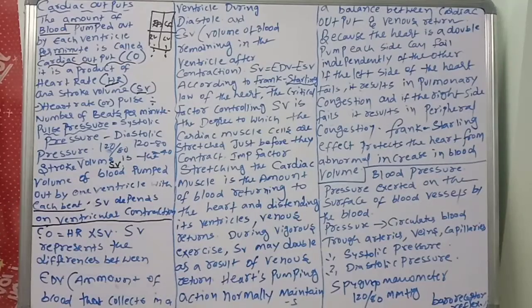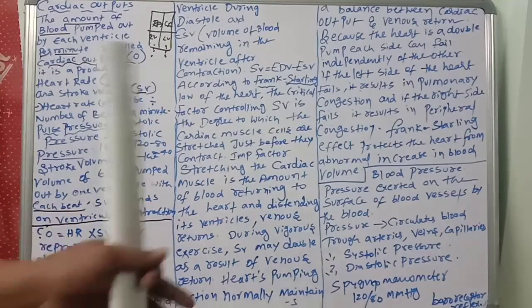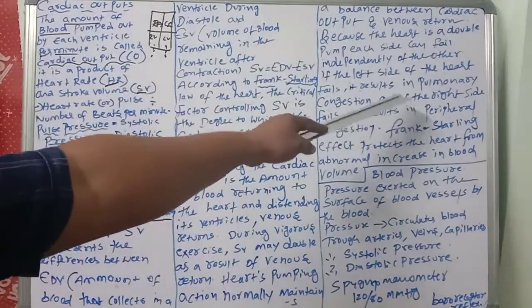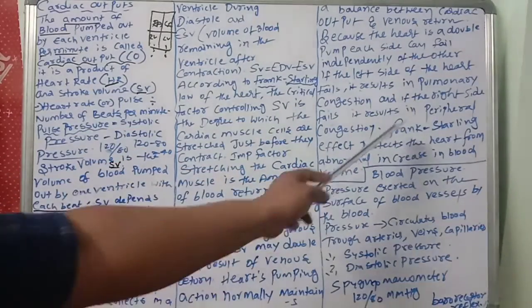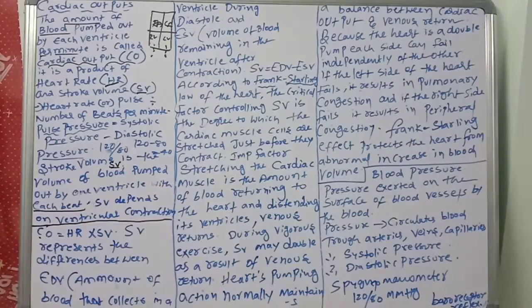What is pulmonary congestion, what is peripheral congestion, and what is the Frank-Starling effect, how it protects the heart from abnormal increase in blood volume. And what will happen during vigorous exercise to the stroke volume: does it double, decrease, or increase? These are all the points.